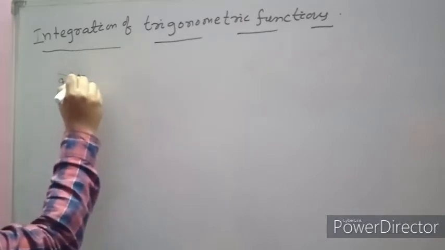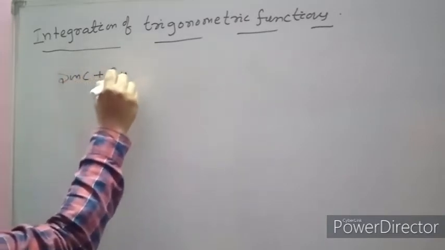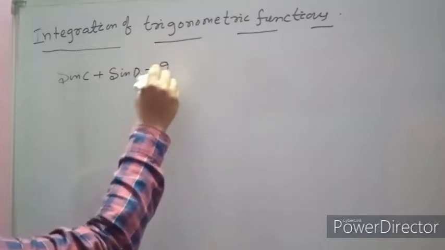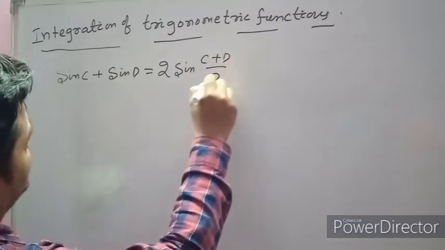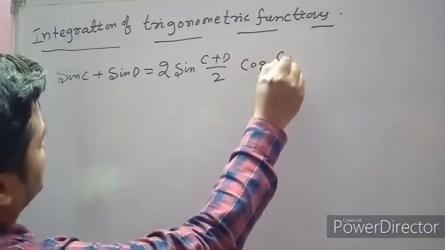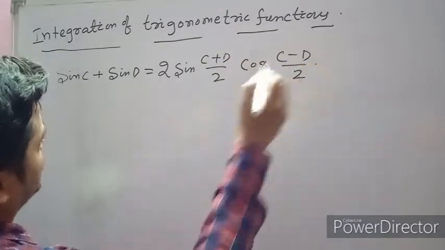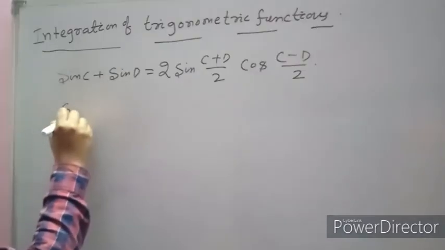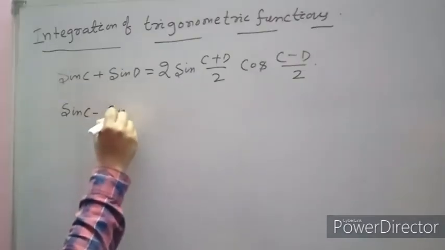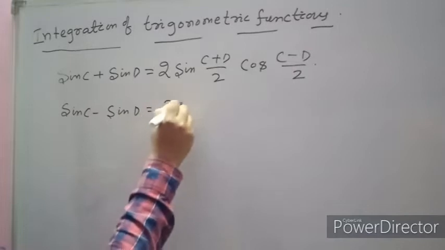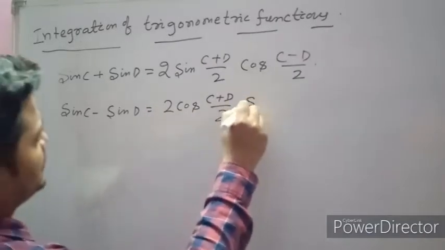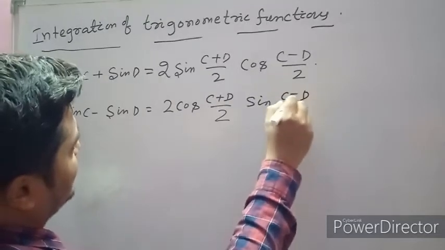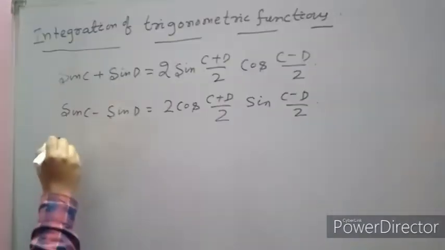Sin C plus sin D is equal to 2 sin (C plus D)/2 cos (C minus D)/2. Sin C minus sin D is 2 cos (C plus D)/2 sin (C minus D)/2.